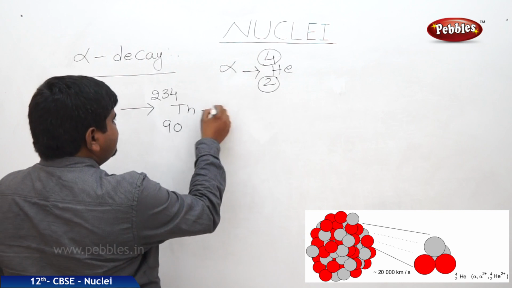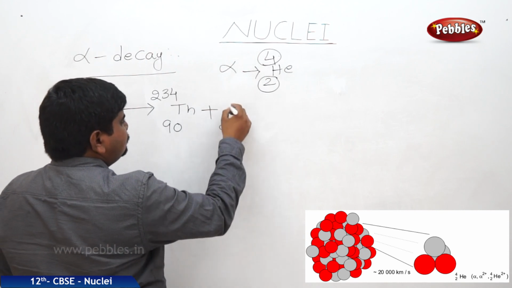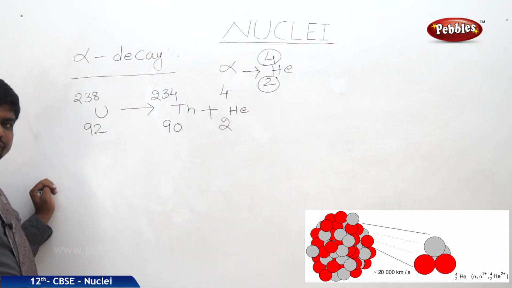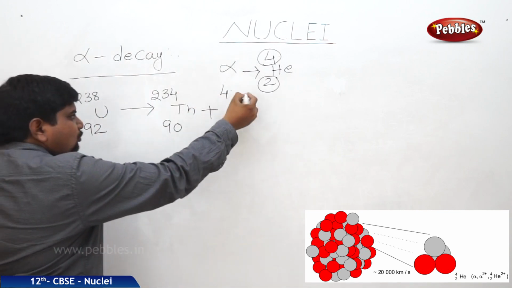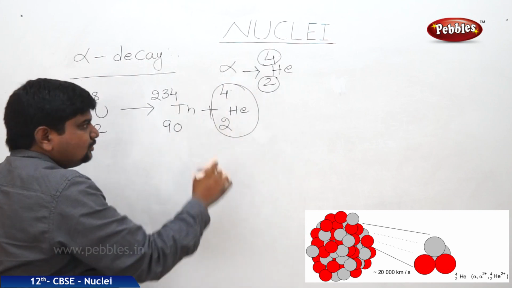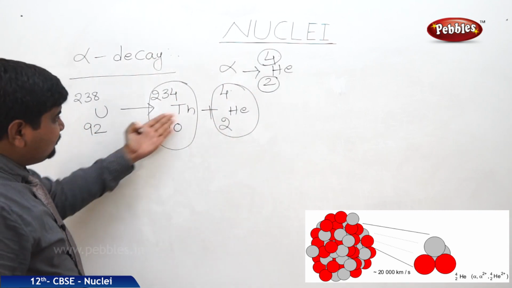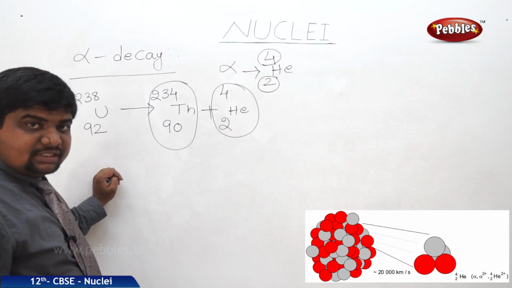So what we can say? Plus 2 He4. From uranium, one helium nucleus is removed. It is giving another radioactive element like thorium. So it becomes thorium series.